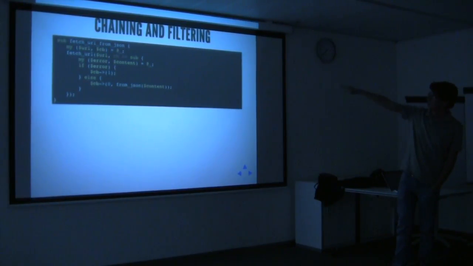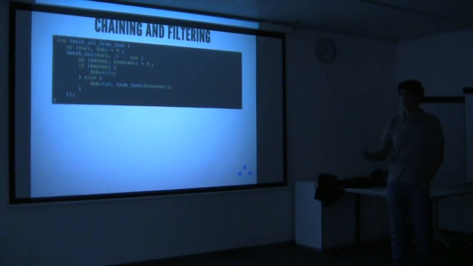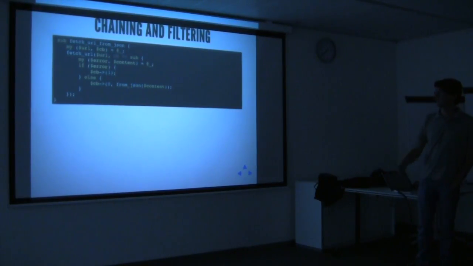Here you can do it inside the callback of the natural fetch URL subroutine, but it's kind of messy, and on the other side, it's hard to reuse. What if you wanted to do that with multiple resources, not only URLs, but maybe data you get from a data store or something?